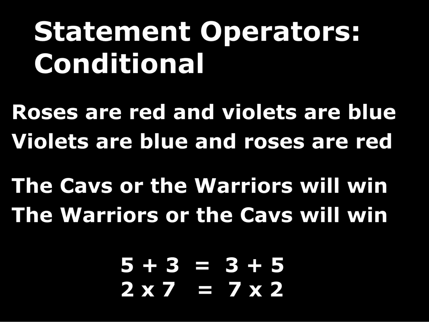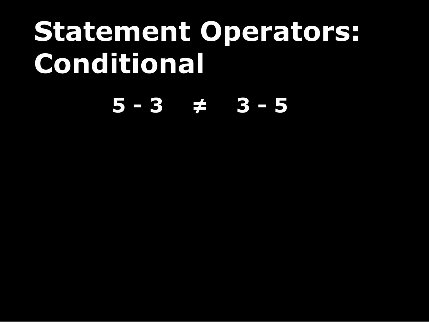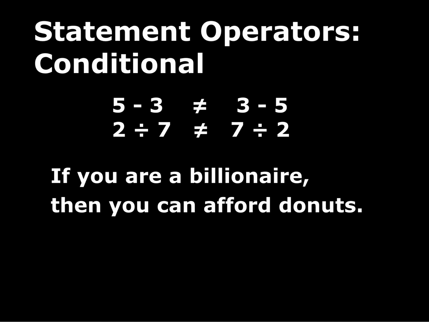But of course, not all arithmetic operators are like that. So subtraction isn't order invariant. Order matters. 5 minus 3 isn't the same thing as 3 minus 5. And 2 divided by 7 isn't the same as 7 divided by 2. So for some operators, arithmetic operators and logical operators, statement operators, order does matter.